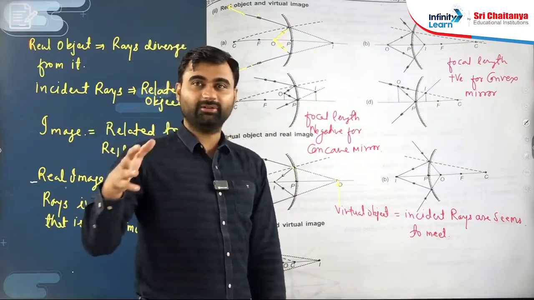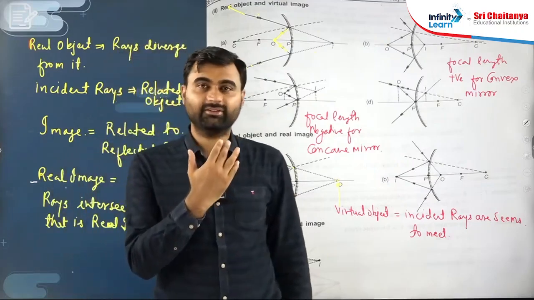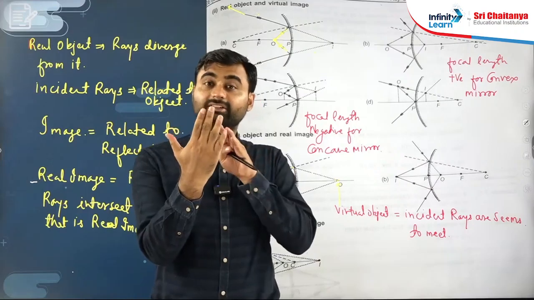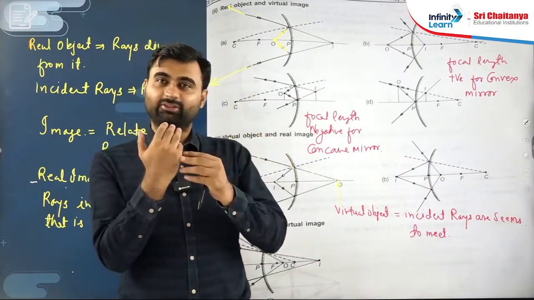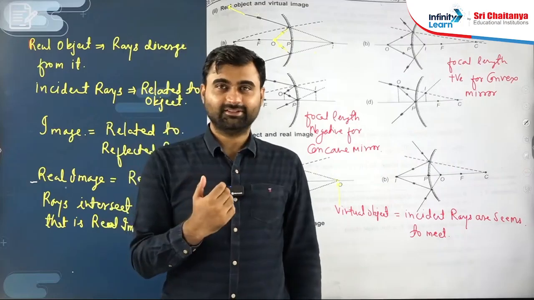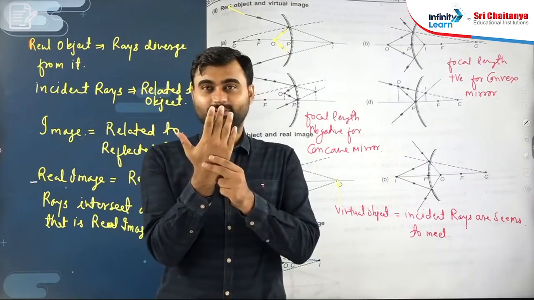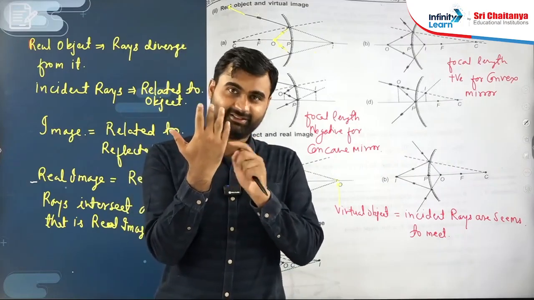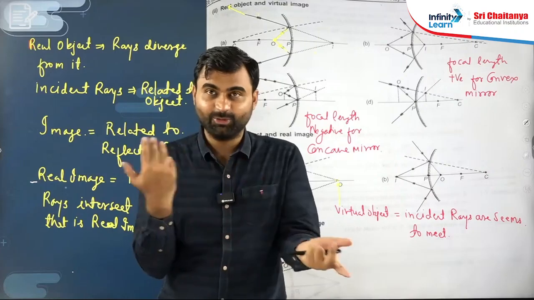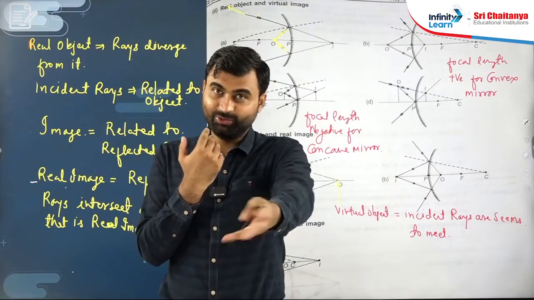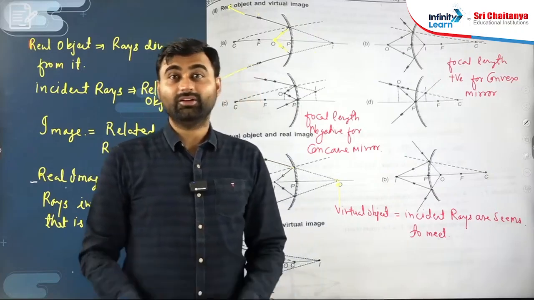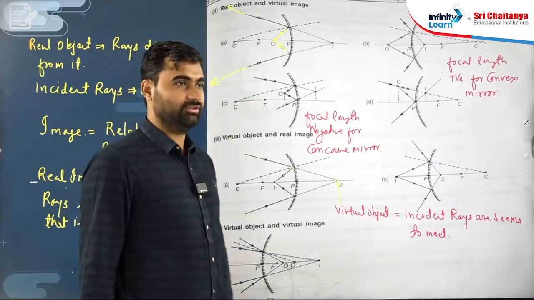You know, in a plane mirror, every day we see our image. If we move away, our image also moves away, right or not? So we see our image in the mirror. Is anything there in the mirror? No. And behind the mirror, are you there? No. So that is what a virtual image is.